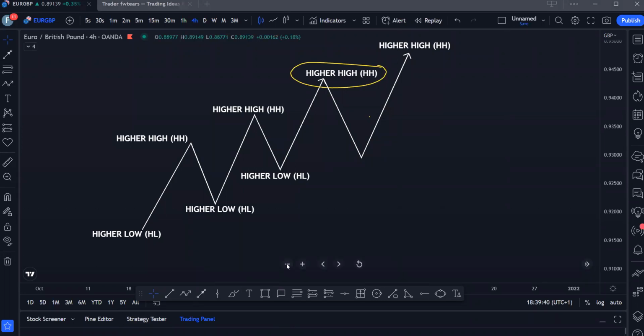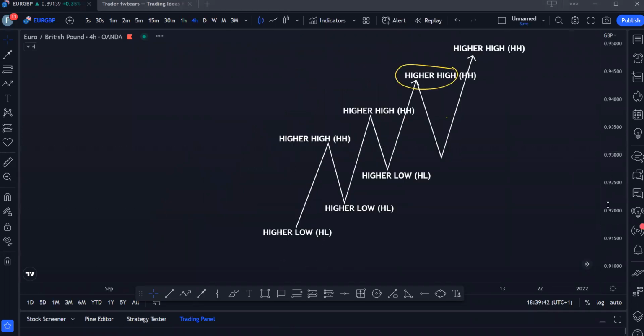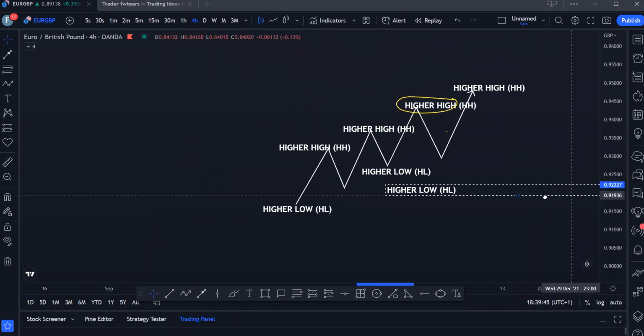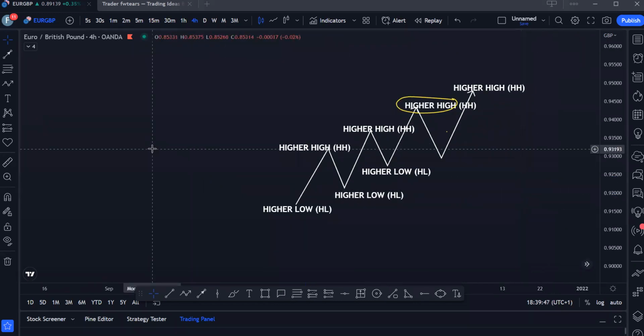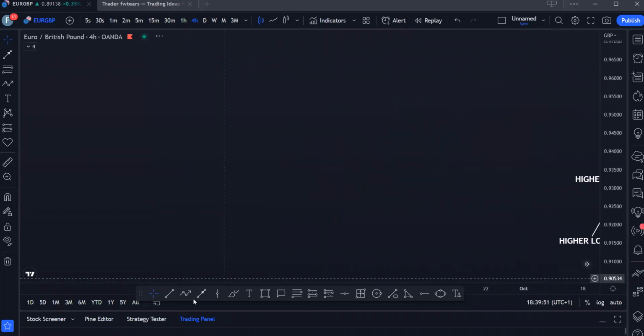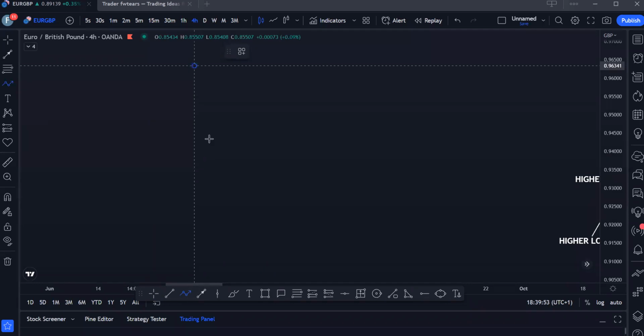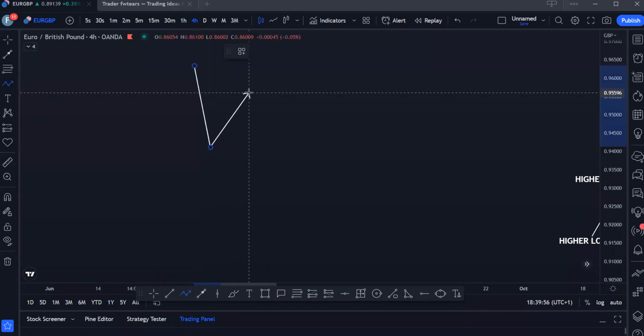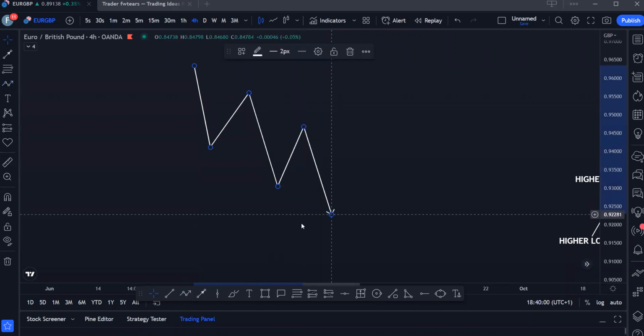So let's go to the downtrend. How does a downtrend look like? You have impulse move, correction, impulse, correction, impulse.